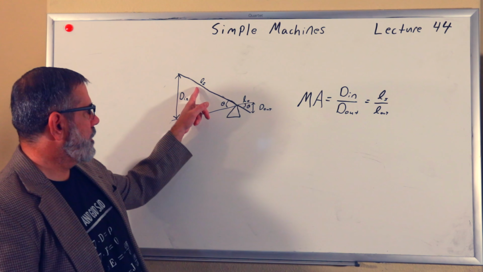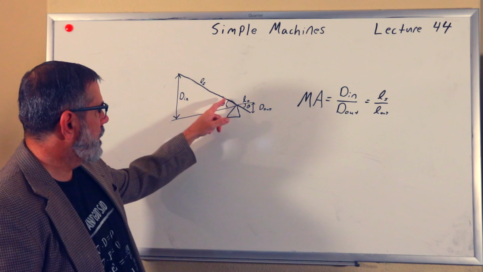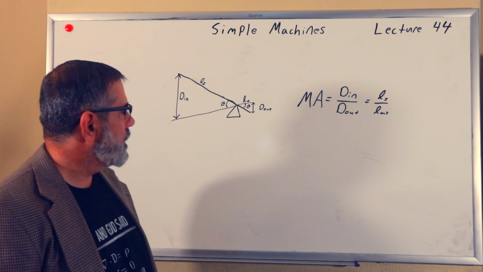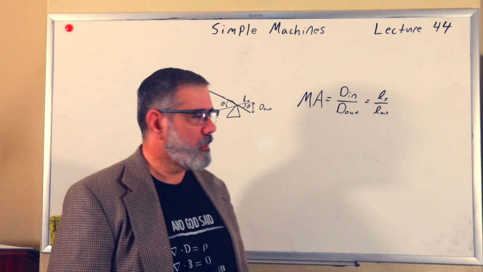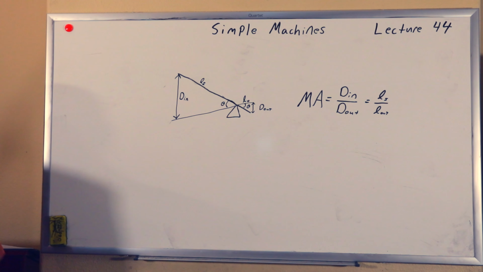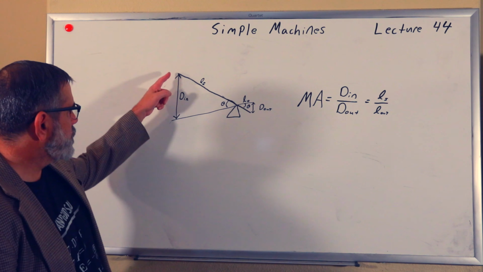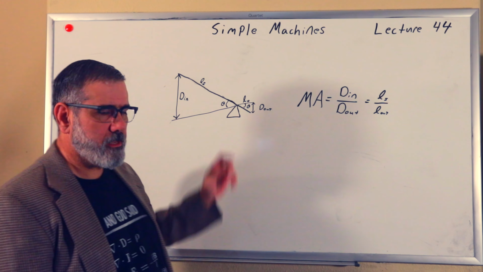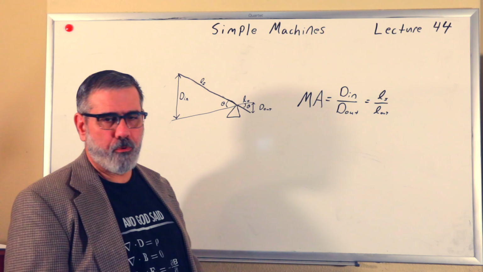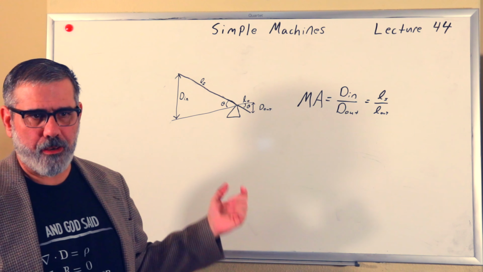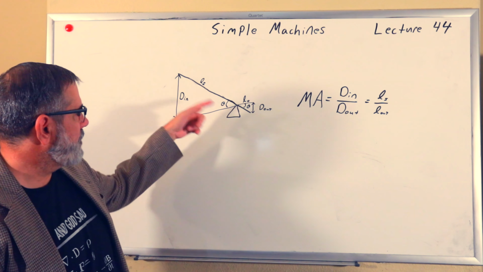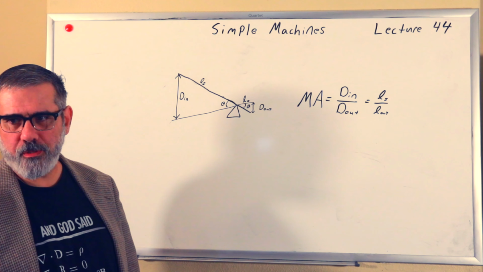So if the lever arm L in is 10 and L out is 1, the mechanical advantage is 10. This means that whatever force you apply on the input end, you will get 10 times the force on the output end. Realistically, this looks more like a 4 to 1, maybe a 5 to 1 ratio, if I were to measure this carefully.